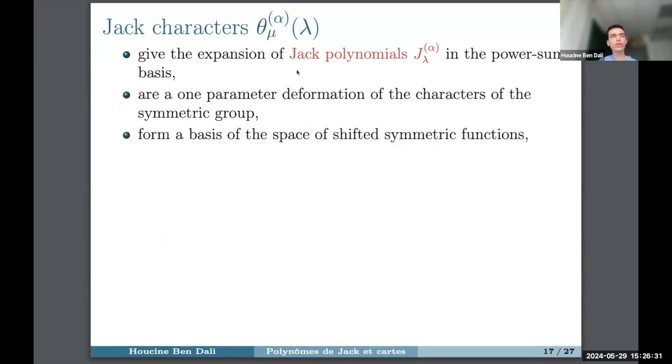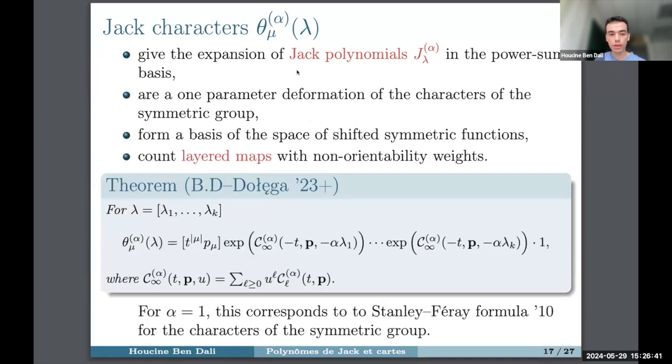And they have also very nice properties. They have a structure of shifted symmetric functions, and they are also a basis of the space of shifted symmetric functions. And what interests us today is that these Jack characters actually count maps, and more precisely a class of maps that we call layered maps, with some non-orientability weights, as the one that Victor was explaining.